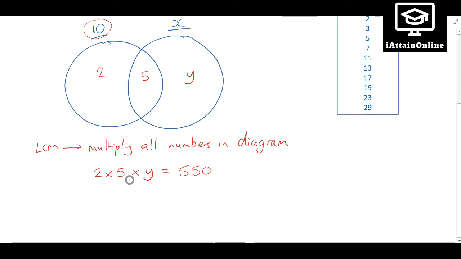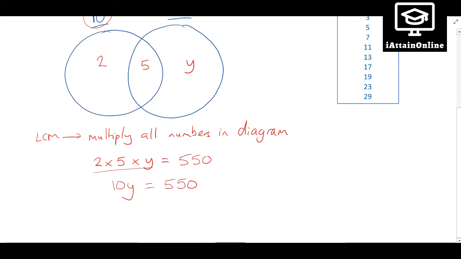If I just tidy this up, 2 times 5 is 10, times y would be 10y equals 550. So if I now divide both sides by 10, that will tell me that y has to be 55.